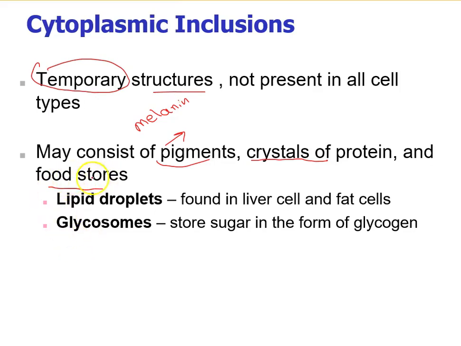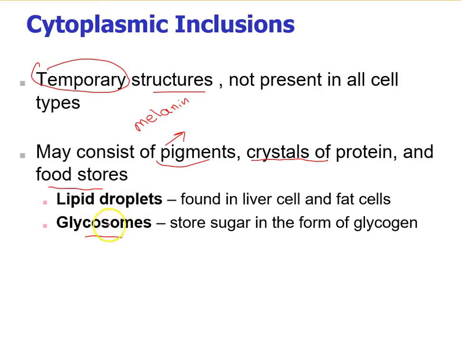Or as a food storage, we have lipid droplets, which are found in liver cells and fat cells. They serve as a temporary storage for energy. Glycosome is another form of storing sugar. These structures are present also in the liver cell, where glycogen is stored as a source of energy.